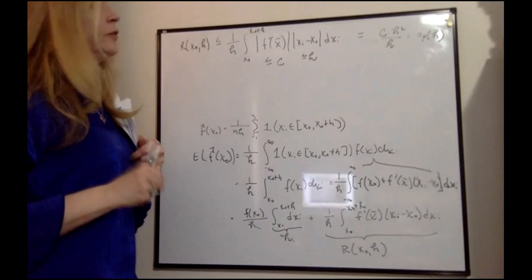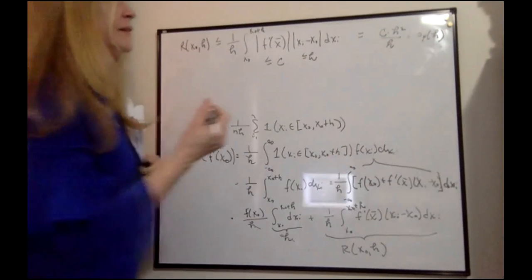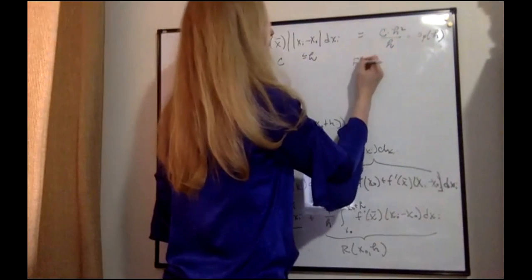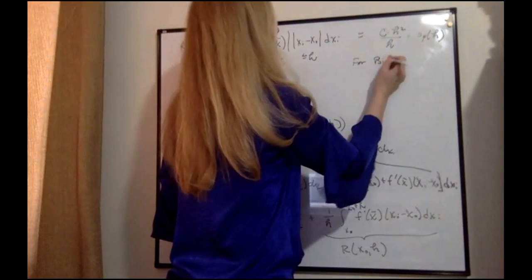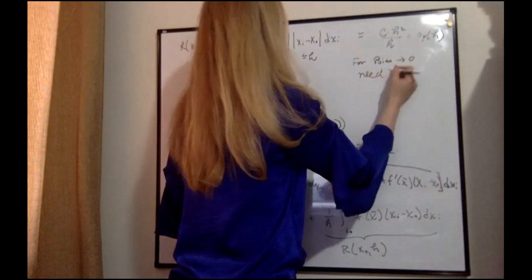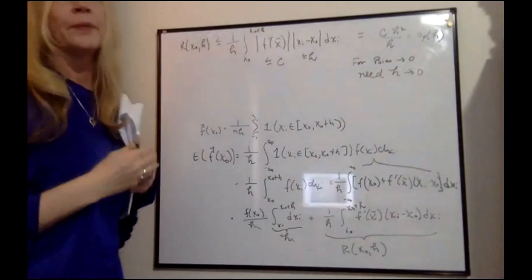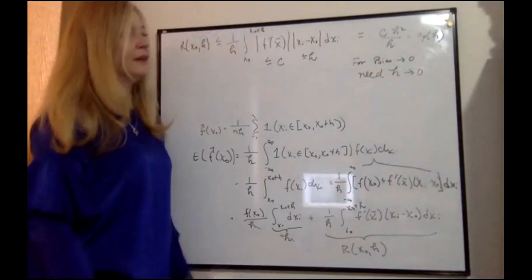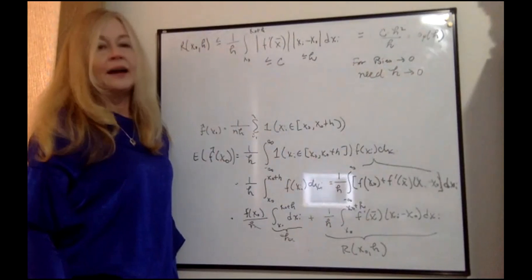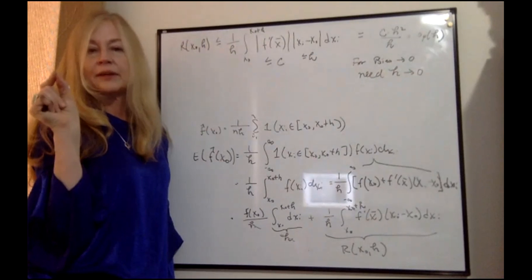So for this estimator to be unbiased, for the bias to shrink to 0, we need the bandwidth or the bin width going to 0. That says for a histogram, as I get more data, I would want smaller and smaller bin widths.